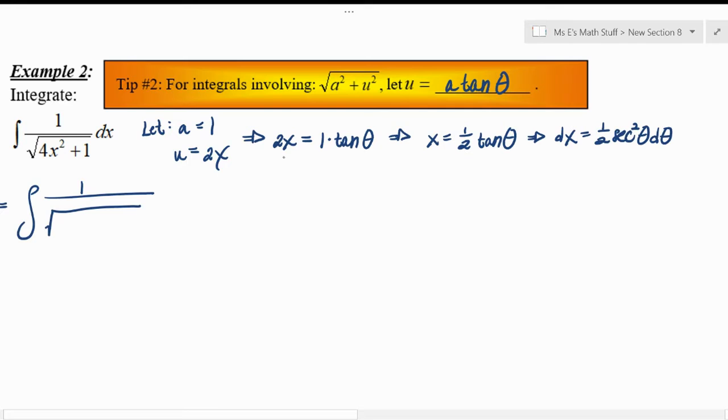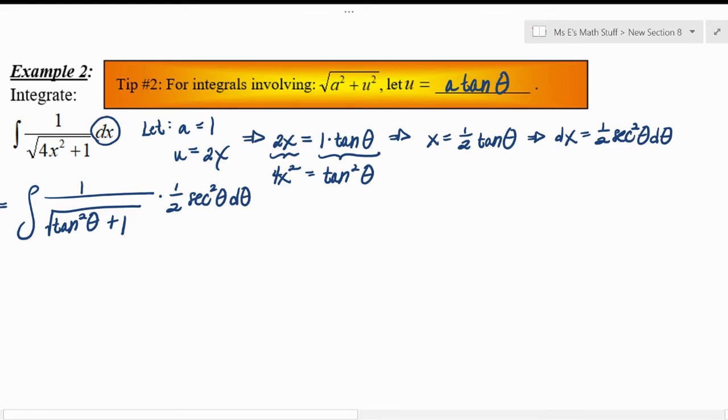Let's see if you just square both sides of this expression, you'd get tangent squared theta to go in that spot, plus 1. And then dx, don't forget to swap that out, is 1/2 times secant squared theta d theta, like so.